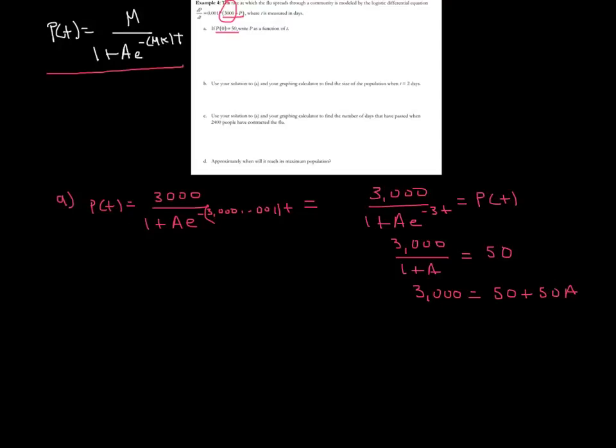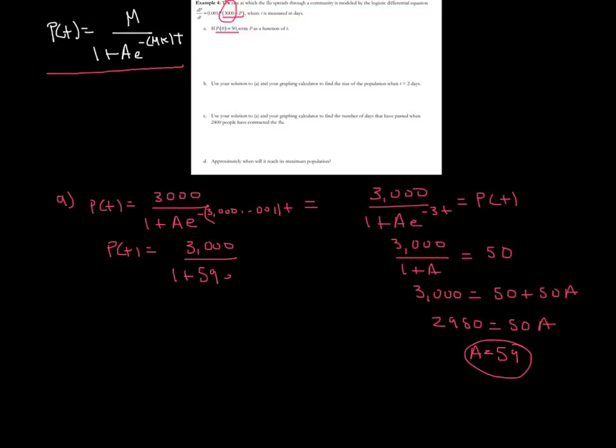That gives us 2950 equals 50A. Then we divide by 50, and A is going to be 59. So, what is our population? Population at any time t is going to be our maximum value, 3,000, over 1 plus 59 e to the negative 3t. That's the answer for part A.